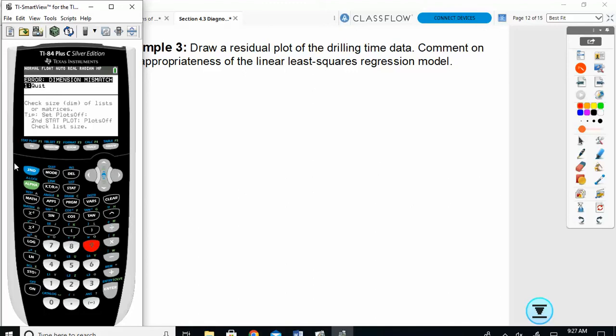So even though I didn't ask you for your R or your R squared, we have to go into our stat, calculate number 4, the linear regression. And you'll have to do this anytime you change your data set. So even though I'm not writing any of this down, now our calculator has stored it all. So now we should be able to go into our stat plot, and we already have that turned on to residuals, so we can zoom 9. And now we've got it.